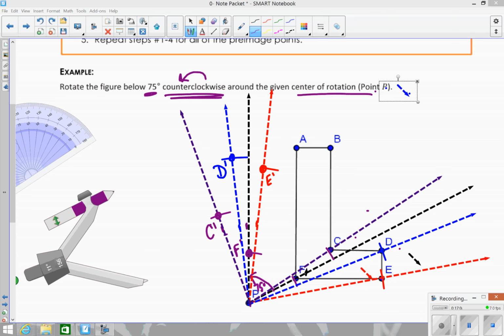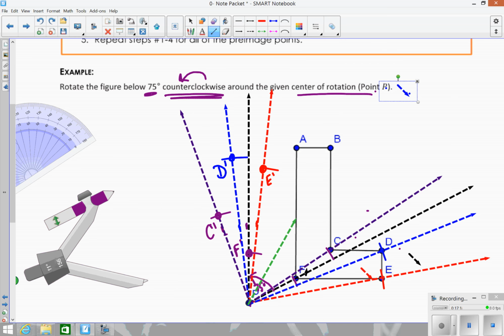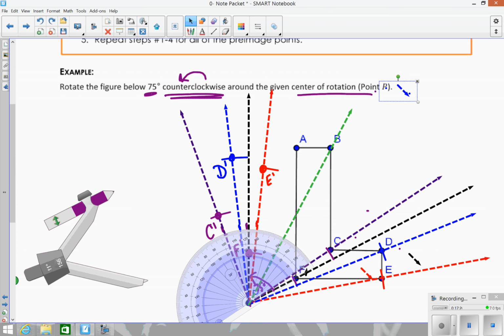And then the last 2 points. So I'm measuring, we're drawing a ray. Let's see, I'll do this in green. Drawing a ray from P to B. Get my protractor. Lining that up.